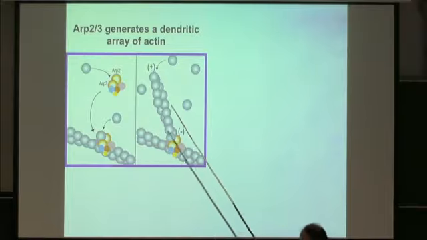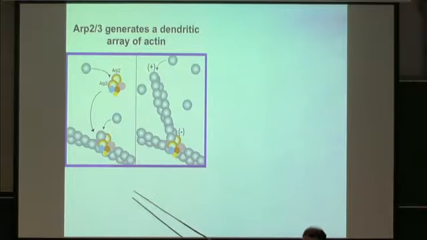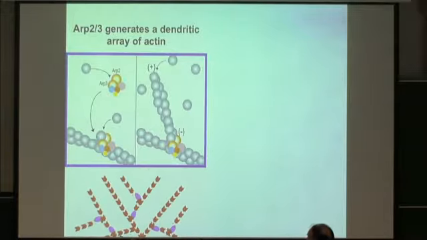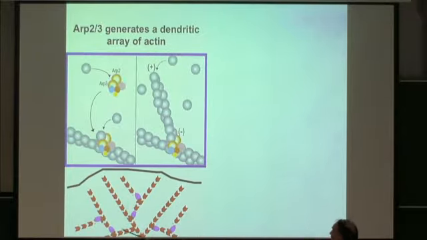Of course, this way of nucleation permits only formation of a branching network of actin, which is very useful when you need to push something, for example, a membrane forward.